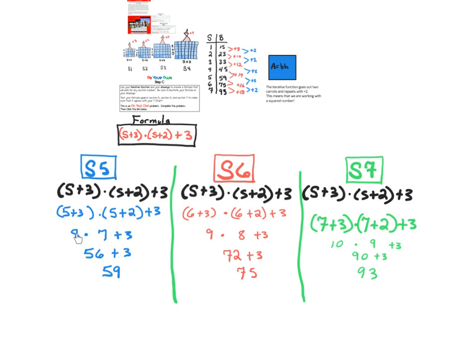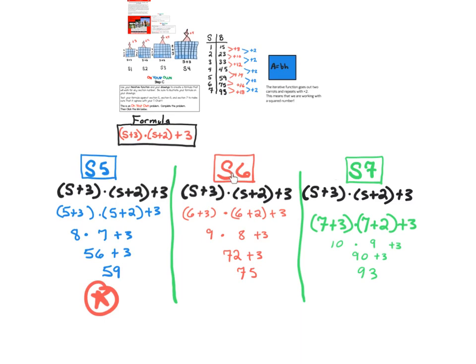And then this gave us 8. 5 plus 3 is 8. 5 plus 2 is 7. And drop the 3. 7 times 8 is going to give you 56. Plus 3 will give you 59. And bam, if you look here, that agrees with our T-chart for section number 5. And that means we get to give ourselves a big old star and say, yes, that works so far.